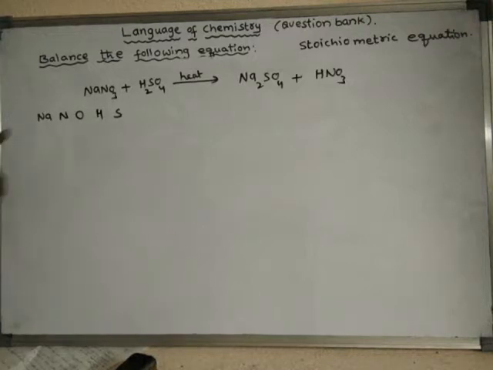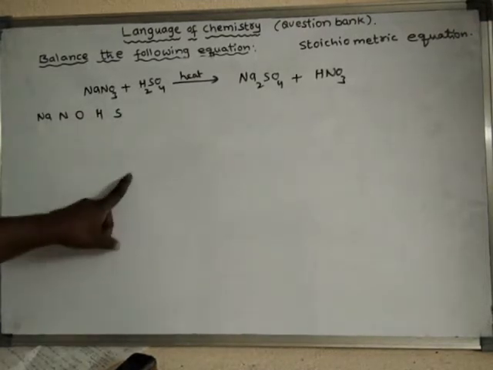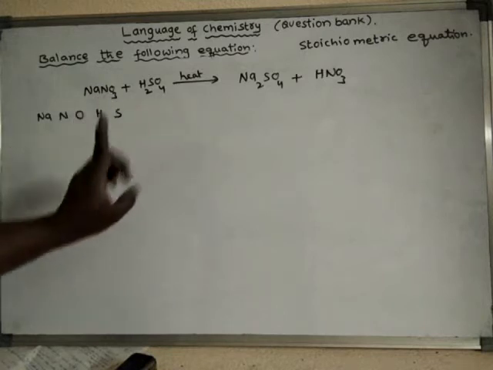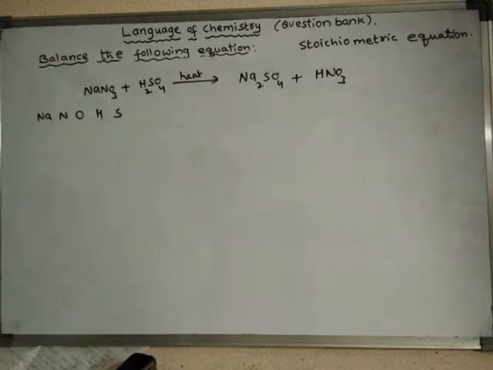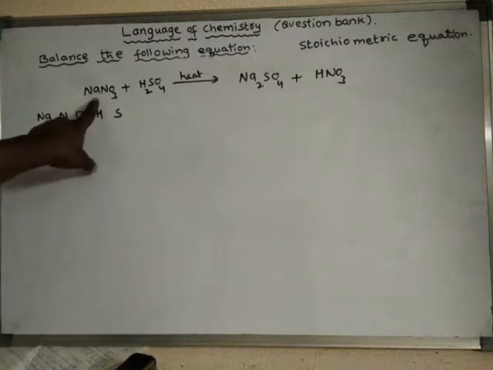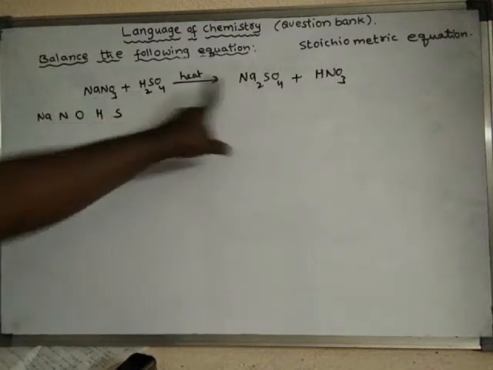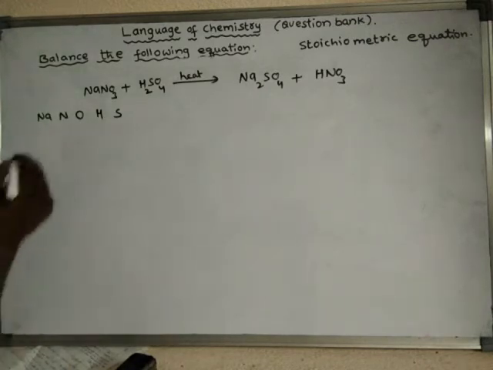Now after identifying the different types of elements, we have to write the frequency number of each and every element. Frequency number means the number of places that element is available in this equation. Sodium is available here and here also. That means at 2 places. Hence its frequency number is 2.